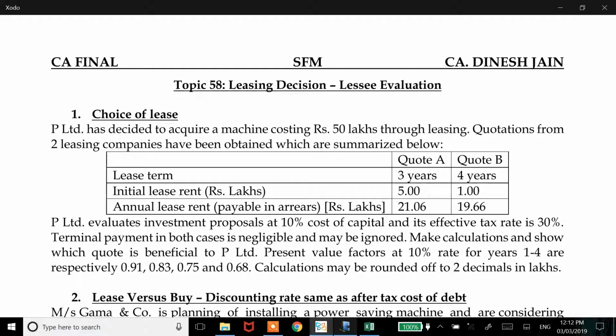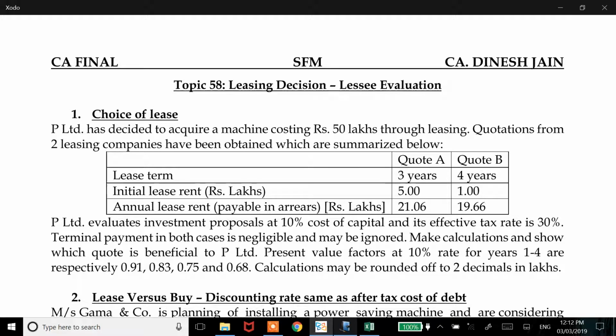Okay, listen. Year 1 will be 21.06 minus 30% of 26.06. That is the tax benefit on both the amounts, 5 lakh and 21.06 lakh. So at the end of year 1, you will pay 21.06 lakhs.